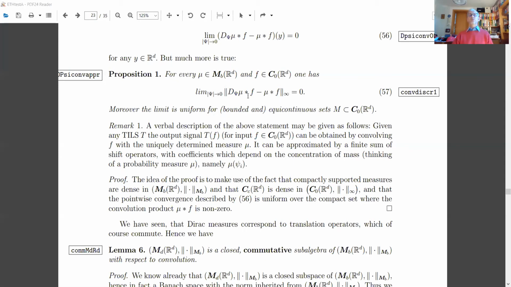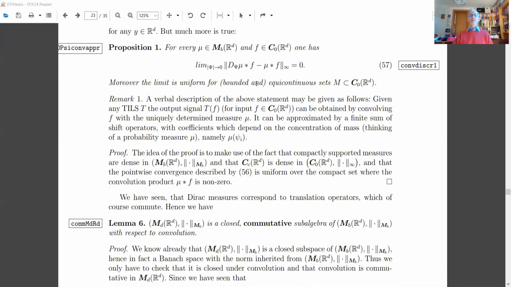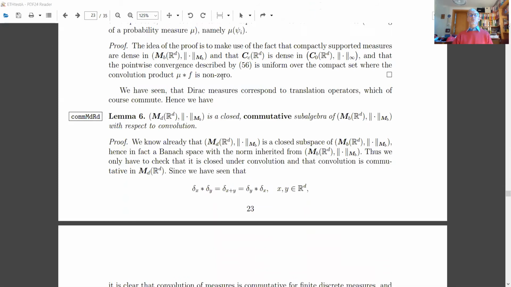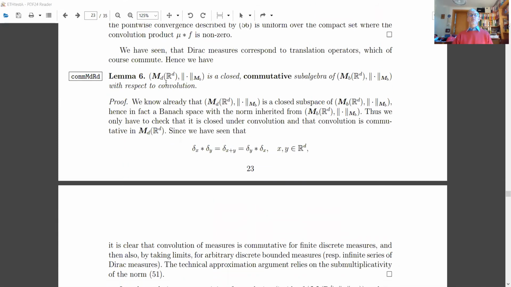If you look at the convolution operator, you say, okay, can I convolve mu1 with mu2 and get the same as mu2 with mu1? And now as an approach for this, I'm saying, well, take the discrete measures. And remember, this is the closure of the linear combinations of Dirac measures. So it's the infinite sums of Dirac measures, which are absolutely convergent in the measure algebra.